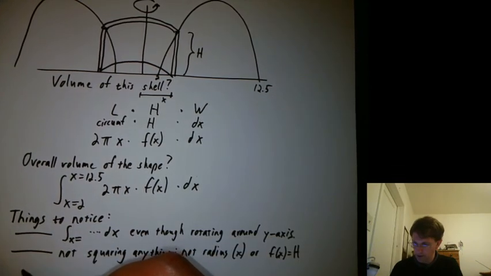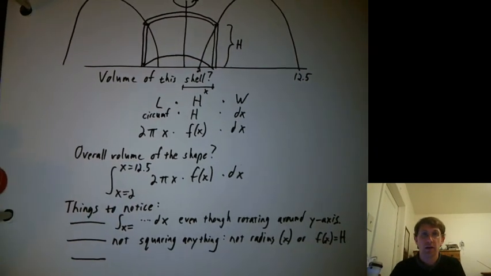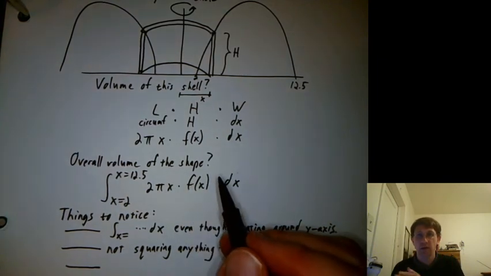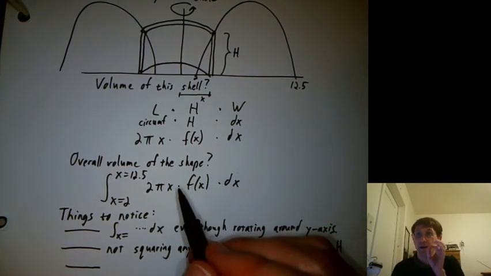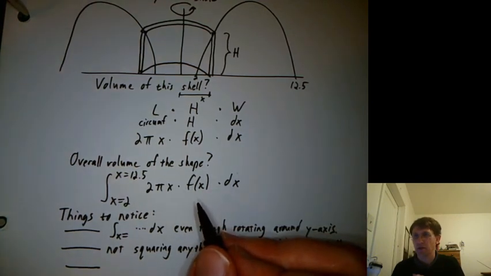And then the third thing, before our integrand had, in discs and washers, it was like pi times the radius squared times dx. But now we have an x in there as well. That might make some integrals harder to do, might make some integrals easier to do.